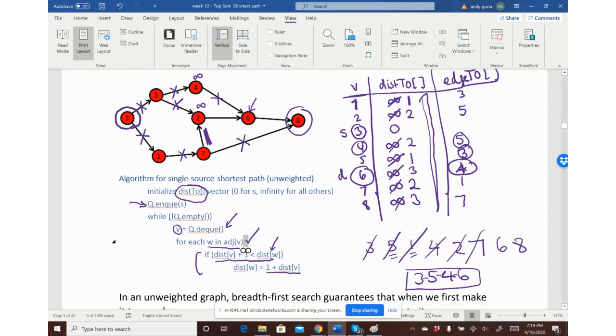Okay, 3, 1, 7, 8. We came to 8 from 7, we came to 7 from 1, and we came to 1 from 3. And that's it. So that's the path. Any other questions there?